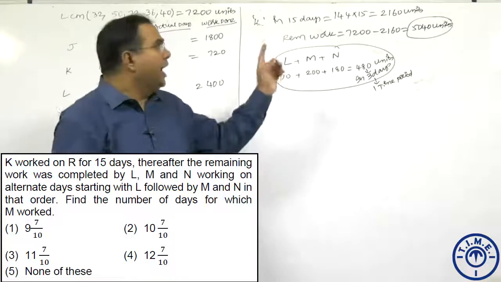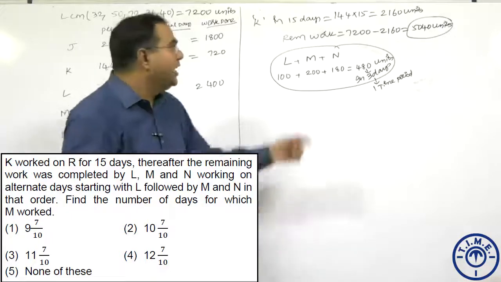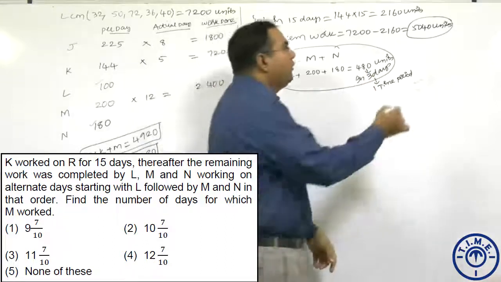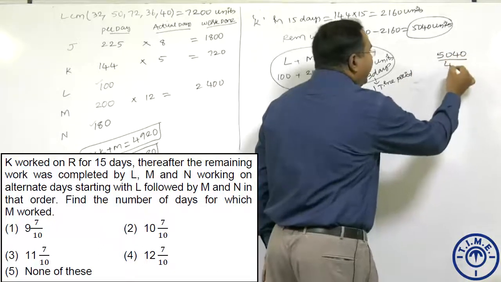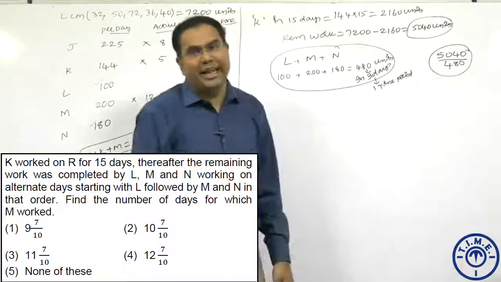Now L, M and N together should do 5040 units. In one time period they are doing 480 units. So 5040 by 480. Here 480 goes maximum 10 times.